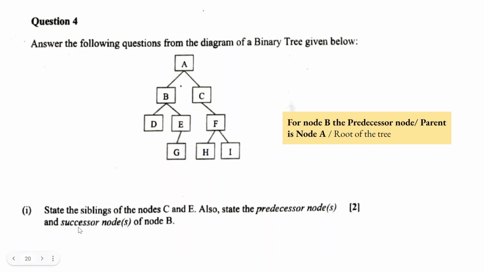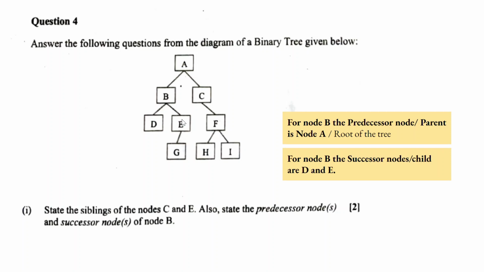Similarly, for the successor nodes or the child nodes of B, we have two successors, D and E. These are the two child nodes for B. This is how you can answer this particular question.